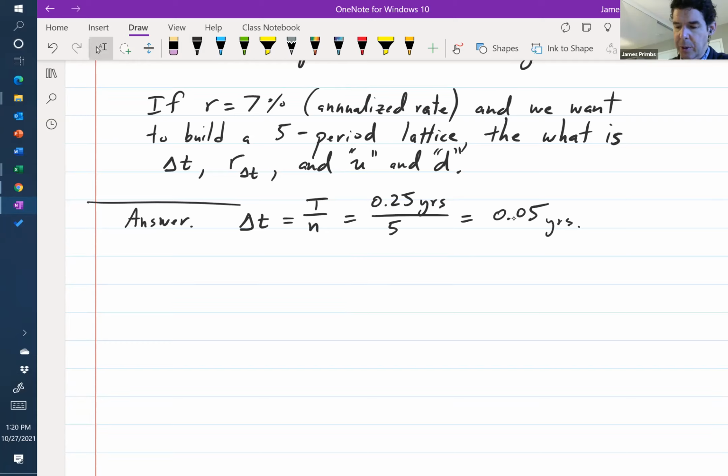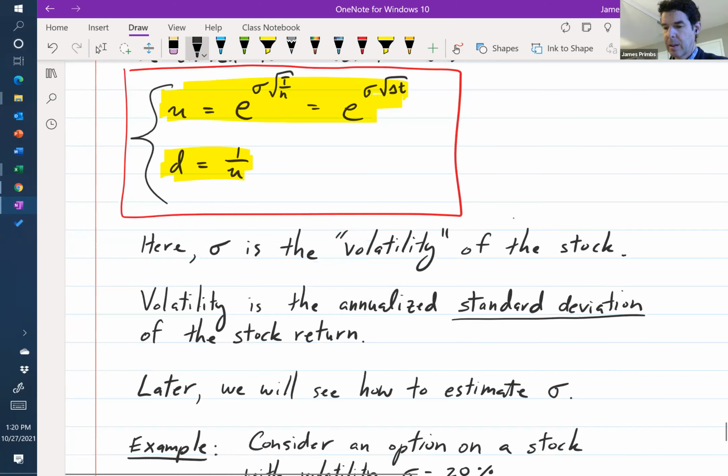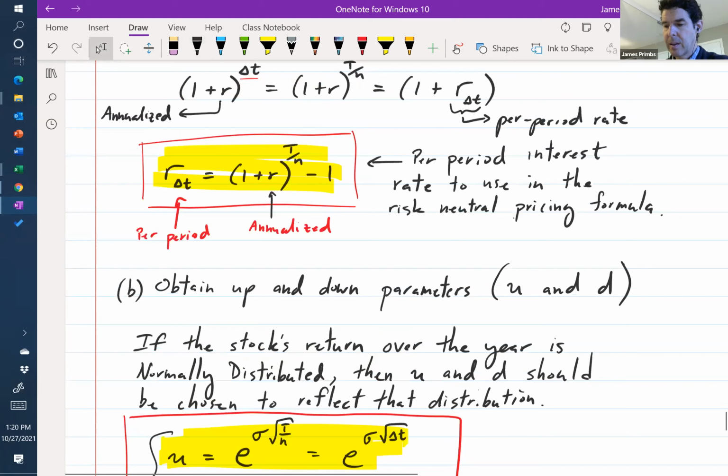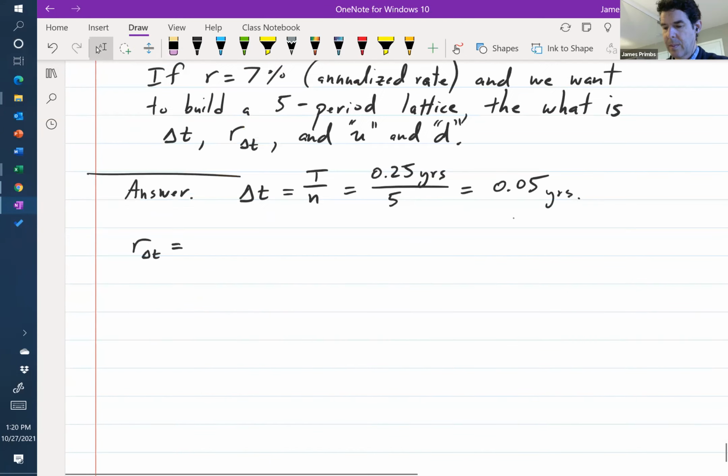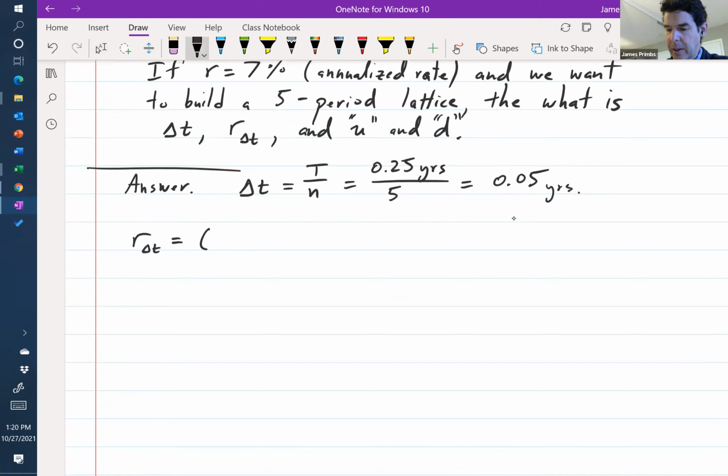Next, let's calculate the per period interest rate. Let's go back and look at that formula. So that was this formula up here. I'm going to take 1 plus the annualized rate to the T over N, minus 1. We'll plug into this formula. Sorry about the background noise.